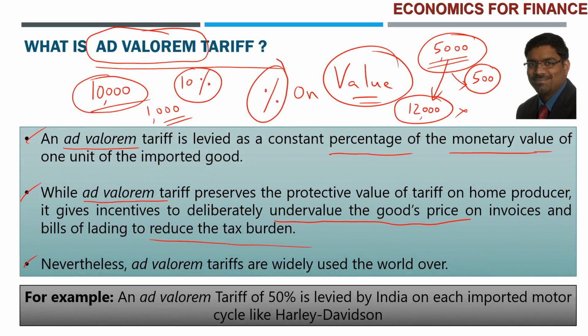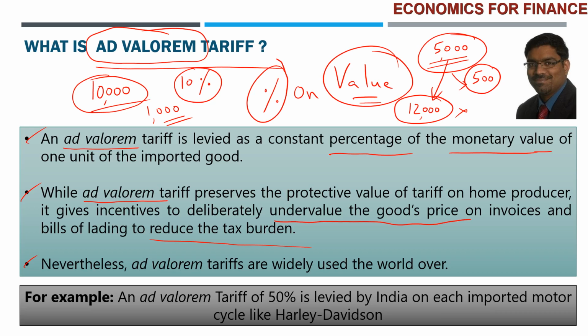So specific tariff was based on quantity, ad valorem tariff based on value of the goods which are imported. For example, like we already have taken, an ad valorem tariff of 50% is levied by India on each imported motorcycle like Harley Davidson. This 50% came in after a lot of pressure, or we can say kind of psychological, sentimental blackmail by Donald Trump.